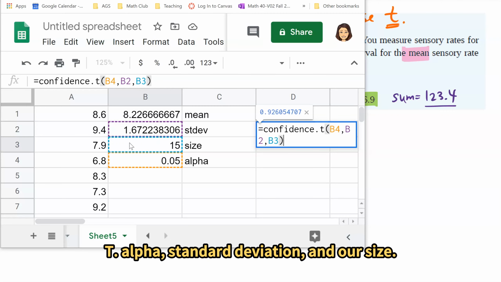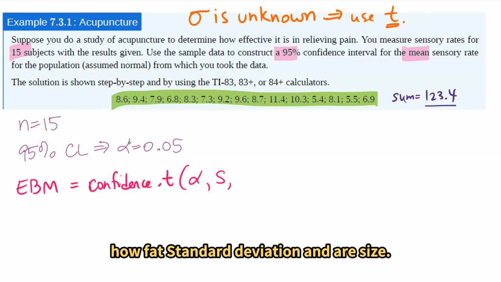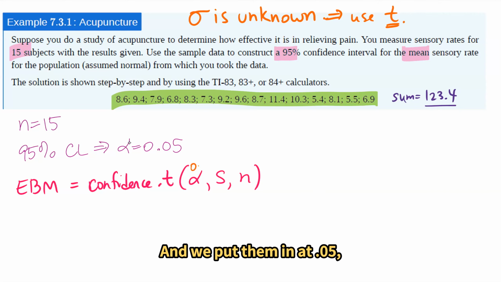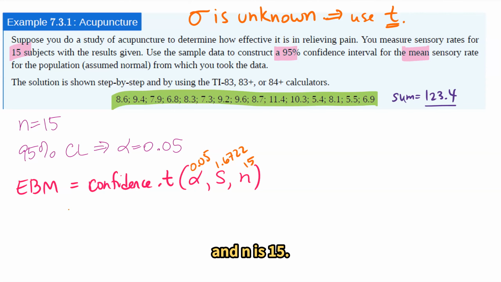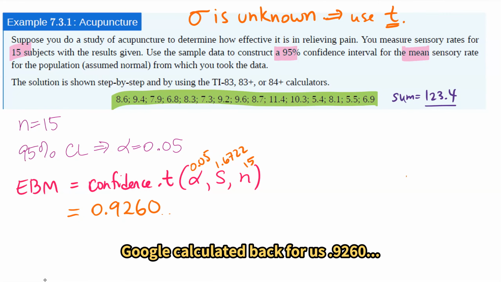Confidence.t, alpha, standard deviation, and our size. And we put them in at 0.05, our standard deviation 1.6722, and n is 15. Google calculated back for us 0.9260, but 4 decimal places is likely okay.